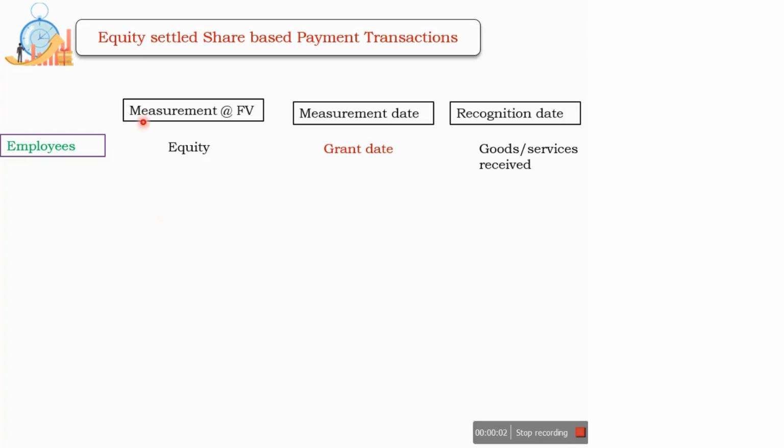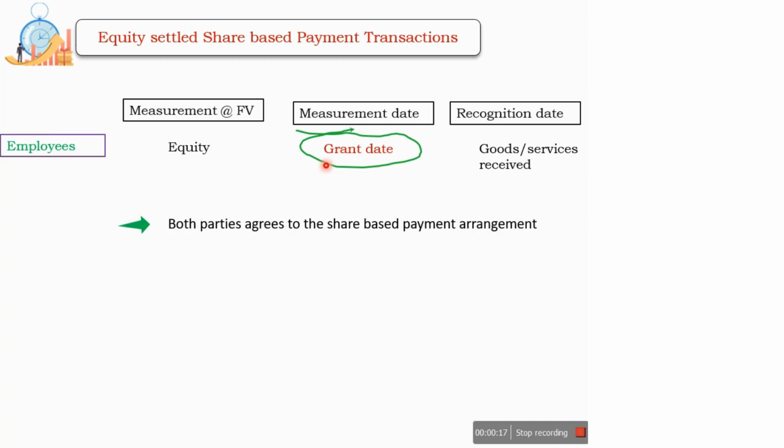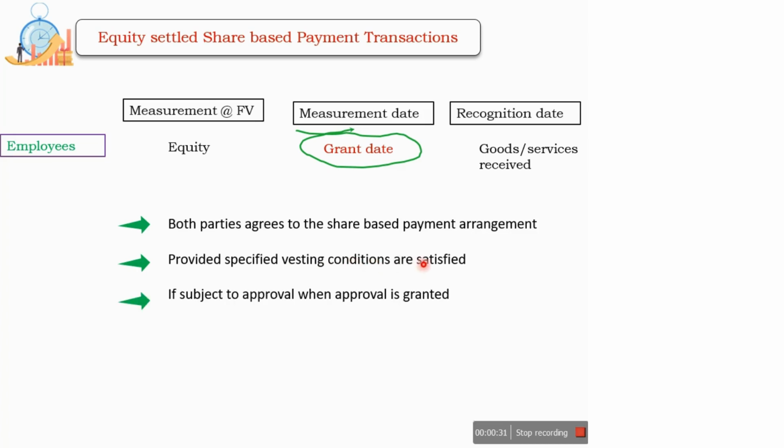Let's discuss another important aspect of equity settled share-based payment transactions when it is done with the employees. Here we need to understand that grant date plays an important role in recognition of liability. Ind AS 102 defines grant date as when both parties agree to the share-based payment arrangement, provided that specified vesting conditions in the arrangement are satisfied, and if this arrangement is subject to approval, that approval has been granted.